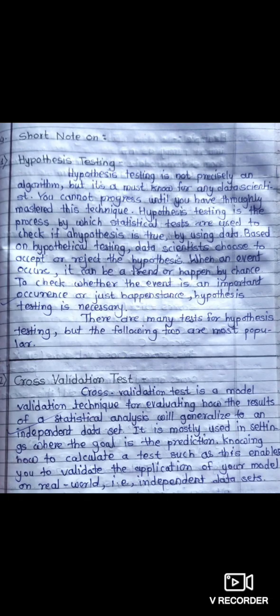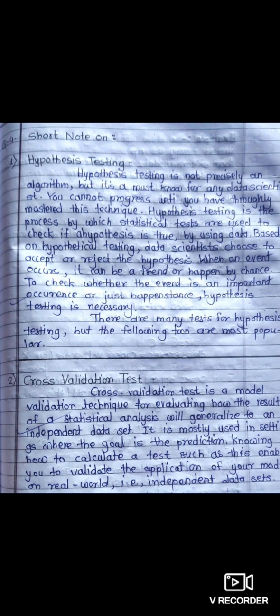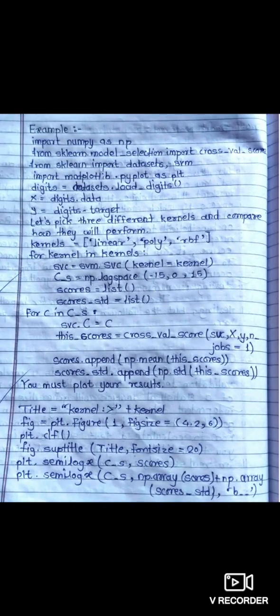Knowing how to calculate a test such as this enables you to validate the application of your model on real world, that is independent datasets. Here one example is given in Python, to check the cross validation test. Here we import some numpy files and check the cross validation test here.